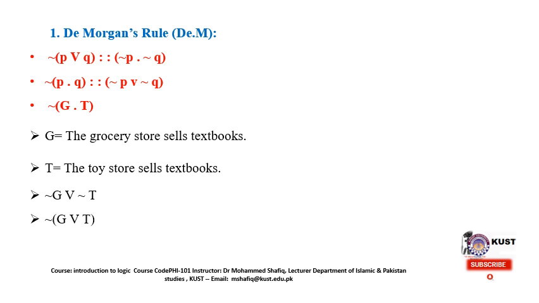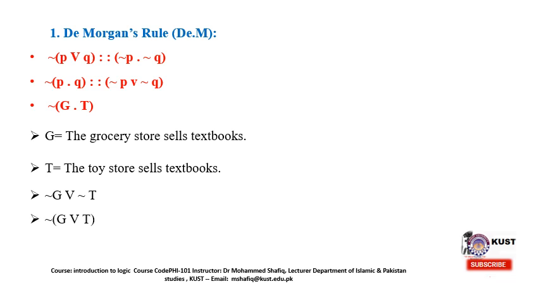So, for example, if we say either the grocery store sells textbooks or the toy store sells textbooks, and if we turn it into negative form, that would say either the grocery store does not sell textbooks or the toy store does not sell textbooks.